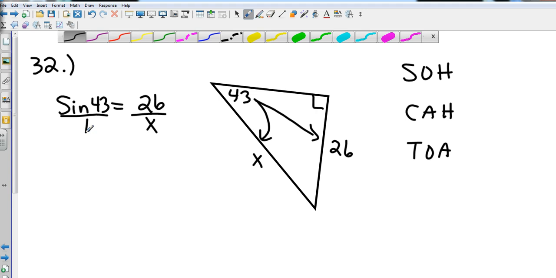So we'll find the sine of 43. Again, that's calculator only, the only way you can do it, and that's 0.6820. So that's going to be 0.6820 times x, and 26 times 1. Then we're going to divide both sides by 0.6820.